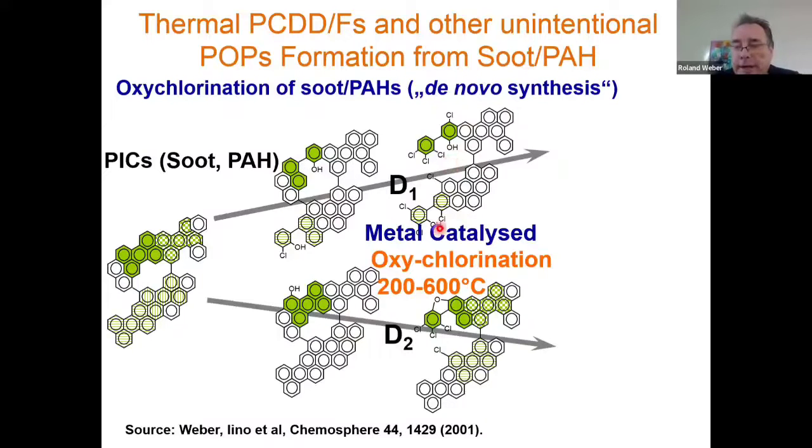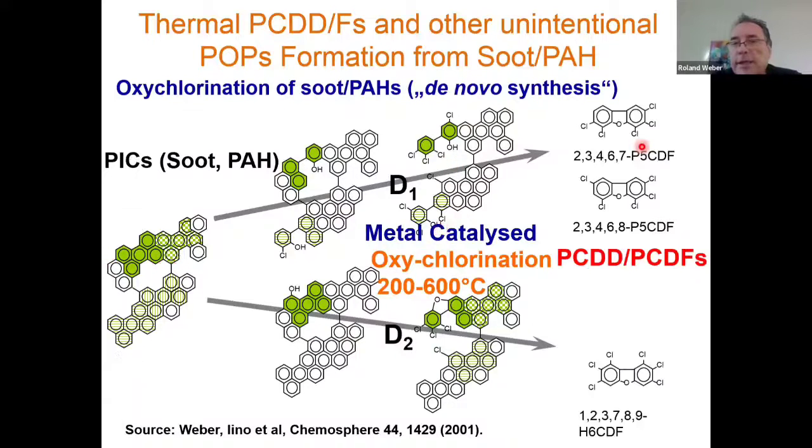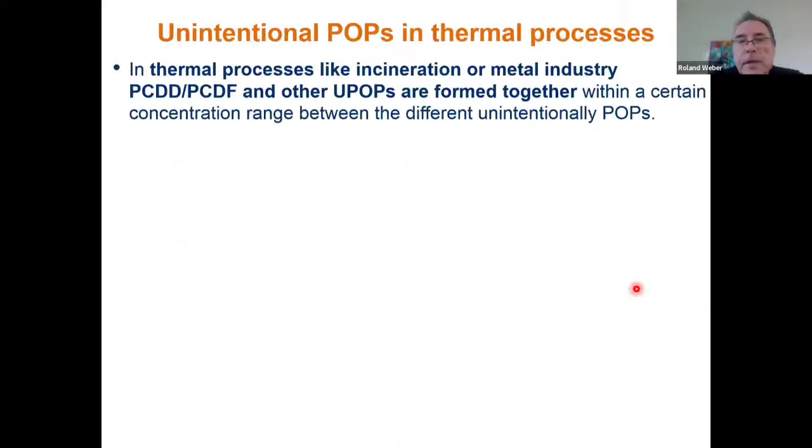By this degradation, finally, the dioxins and furans are formed. And with the same mechanism, PCBs can also be formed, polychlorinated naphthalenes and all other unintentional POPs. So the mechanism for the dioxins and other unintentional POPs is the same.